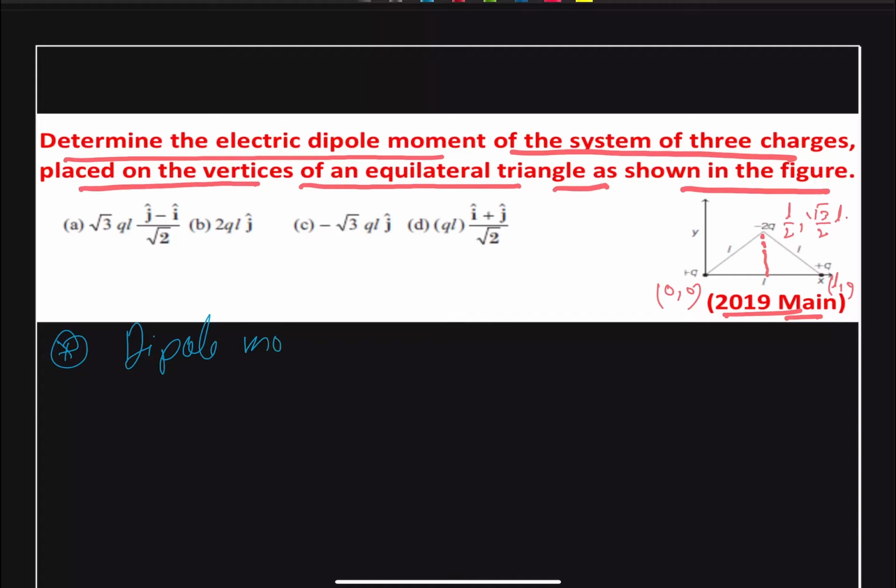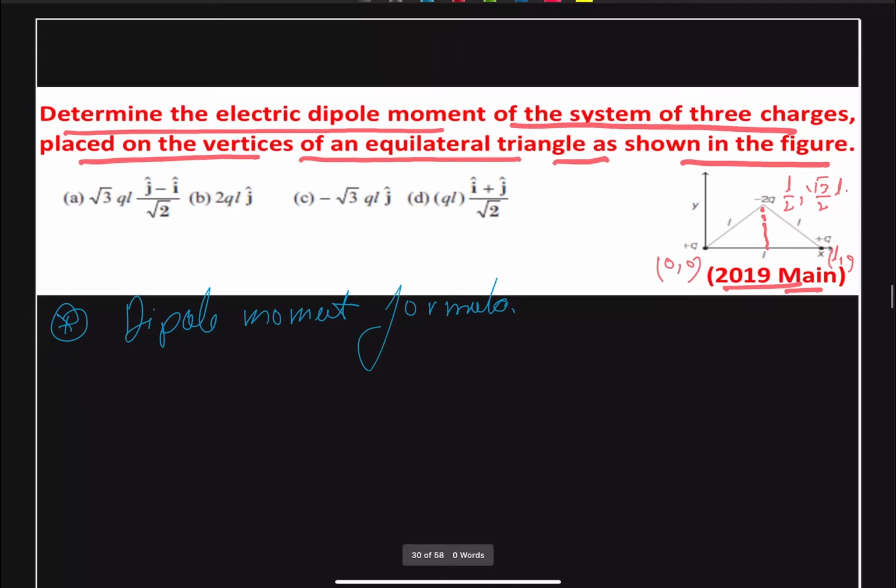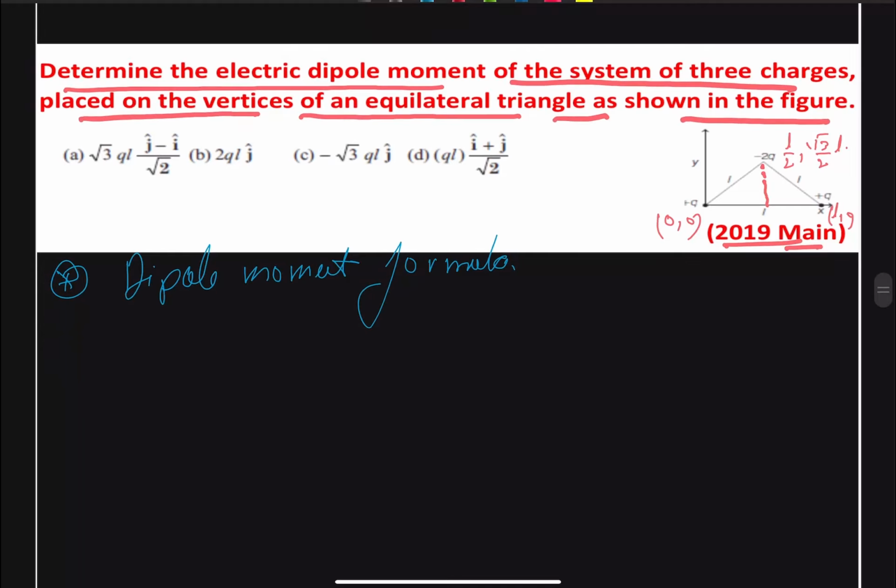That formula states that our dipole moment P will be equal to the summation of the product of our charge multiplied by the distance, that is our r vector, for various values of i. We start from 1 to n, the number of charges. Here the value of n is equal to 3.